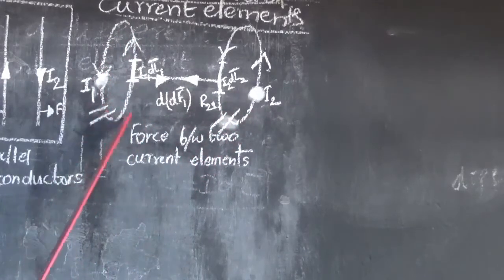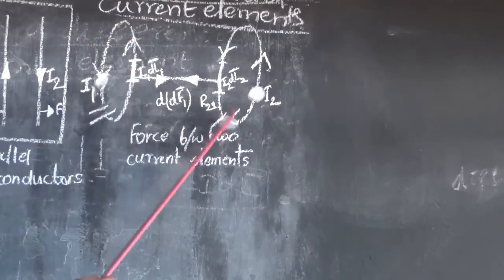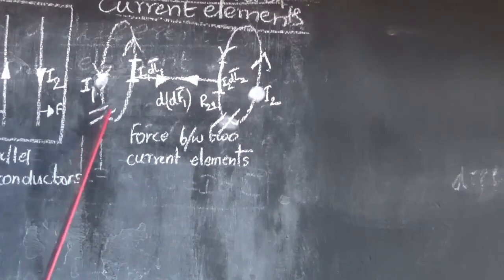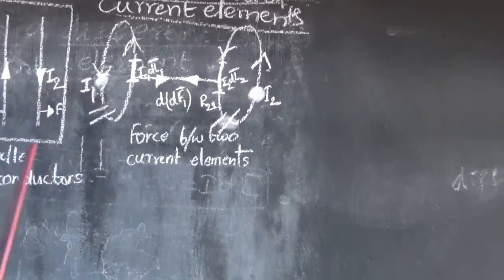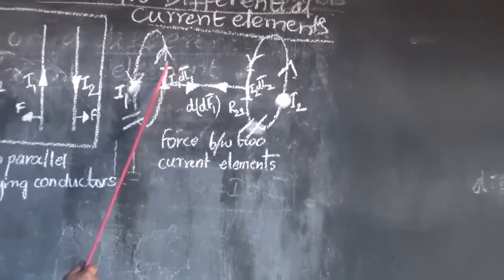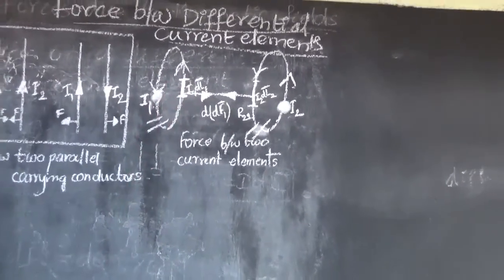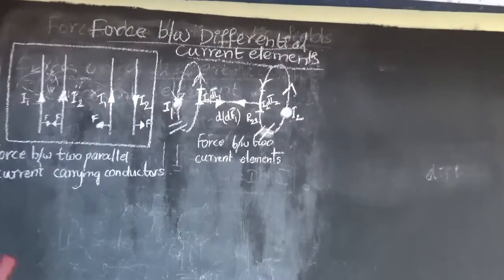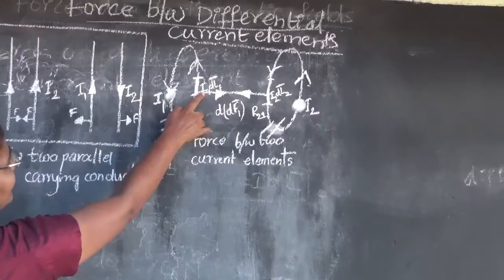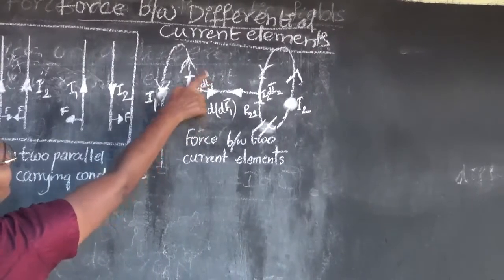Here current I1 is flowing and here current I2 is flowing, and we know that the differential current element will play a very important, key role in our discussion. A very small infinitesimal part of this loop is considered as a current element, a differential current element, represented as I1 dL1 dash.